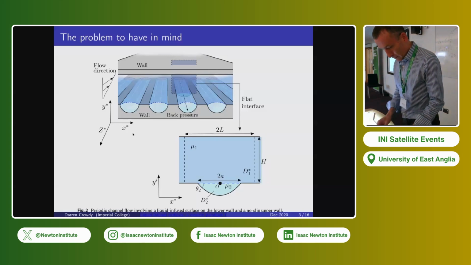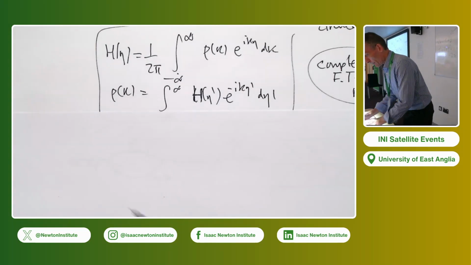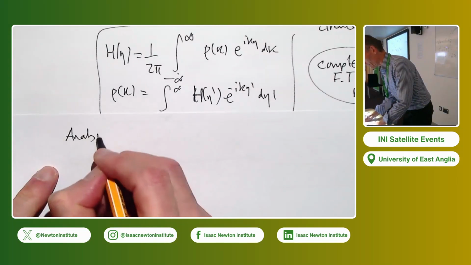If I can find it. Yeah, look, this is the inverse transform. Here we go. So analysis that is omitted.